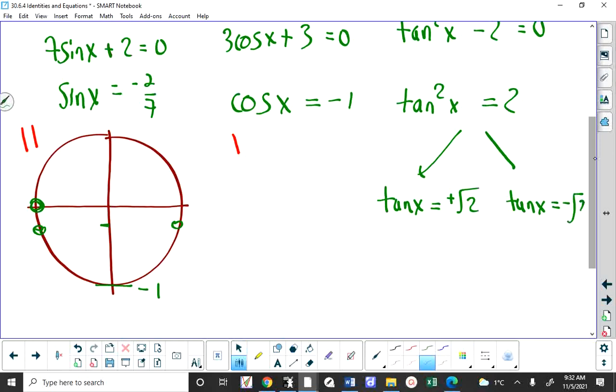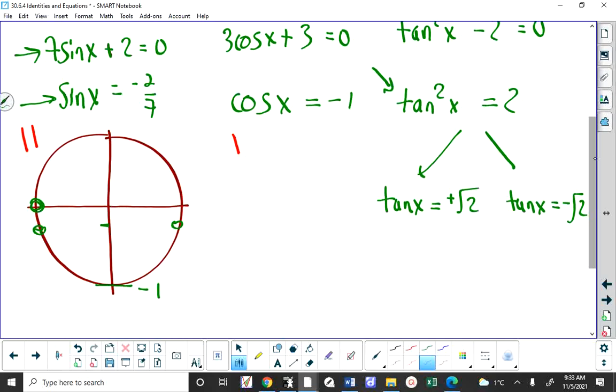Because when you take the square root, you go plus or minus. In other words, this is linear, and it produces one solution. But because it's trigonometric, that one solution branches off into two. This is quadratic, so it produces two solutions. But each of these two now linear equations will produce two, because that's how trigonometry works.